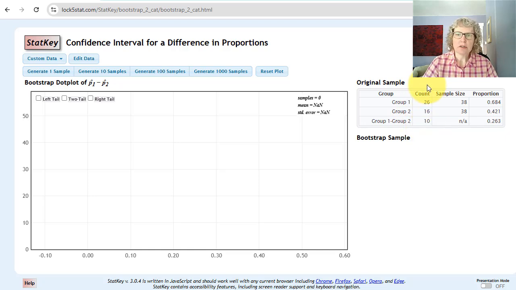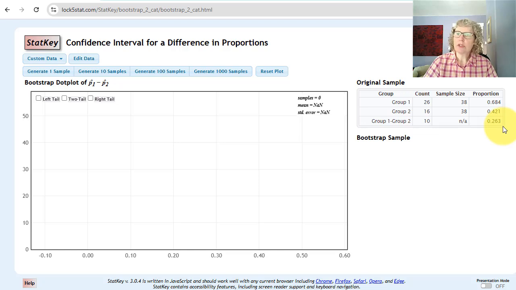It does the difference in the counts. Because we had a common denominator, we could say that's 10 out of 38. It doesn't do a sample size for that, especially if they're different denominators. And then it gives us the proportion. So that's what we calculated, 0.263. And because this only uses 3 decimal places, that is what we got.